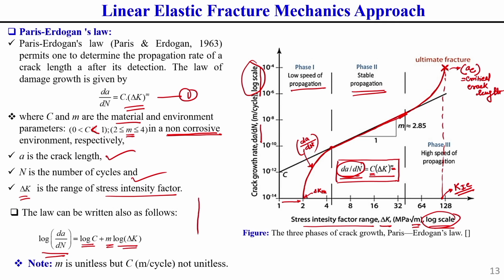So, what does it mean? It is an equation in log. Let us consider this as log dA by dN, and this x axis is log delta K. If we draw a straight line like this, the intercept represents log C, and the slope is M. Like you see, this is our y axis and this is our x axis.